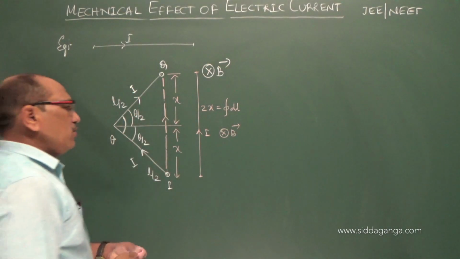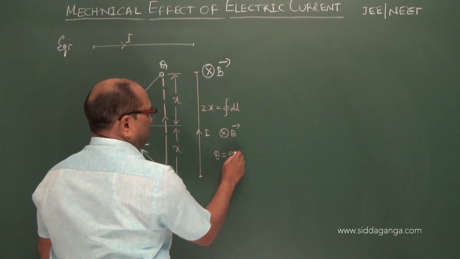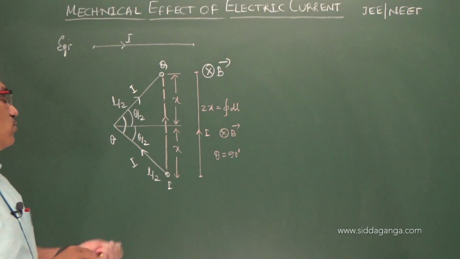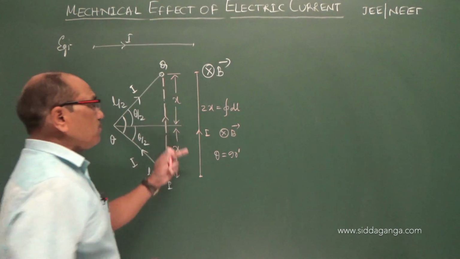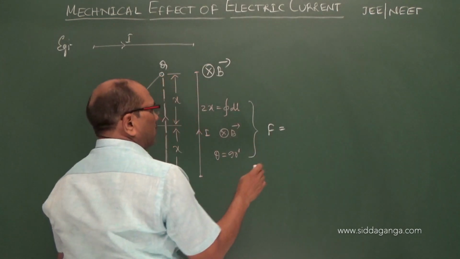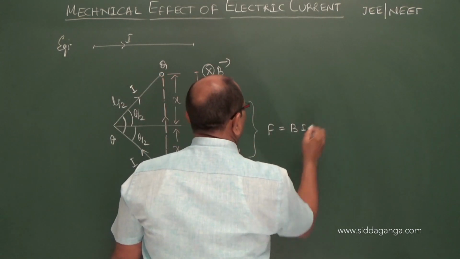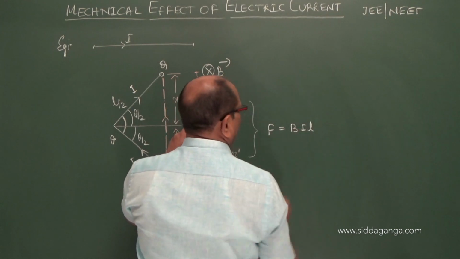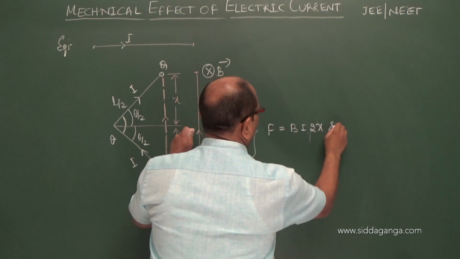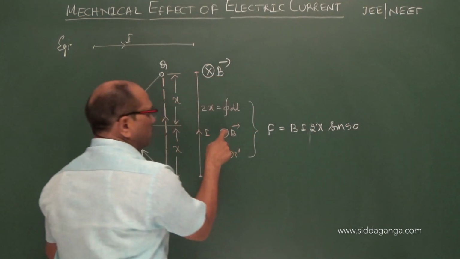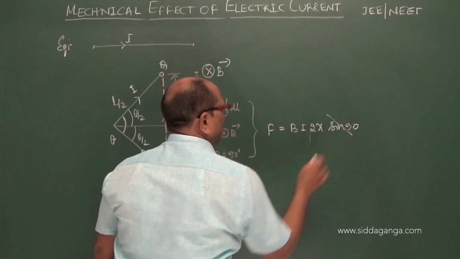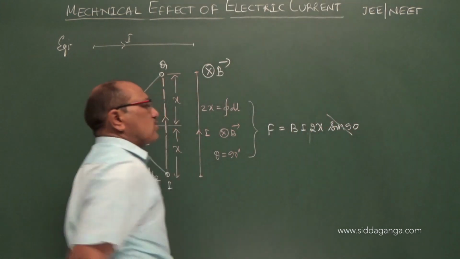Both are perpendicular, so theta is 90 degrees. The magnetic force magnitude is BiL, and instead of L I write 2x sine 90, because dl and B are perpendicular. This becomes 1. I have to find x.